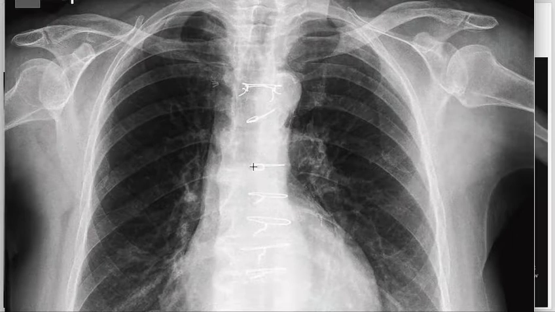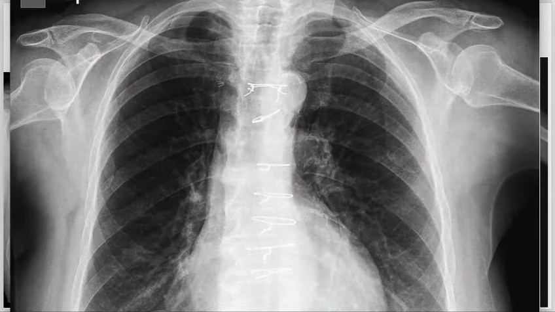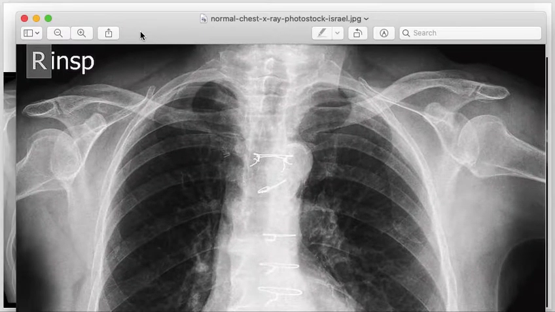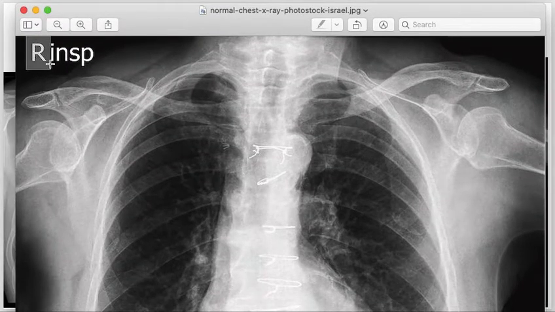Of course, these are the man-made things, and basically they are sutures. What I wanted to show you here is that they put R over here, and this X-ray is taken during inspiration.